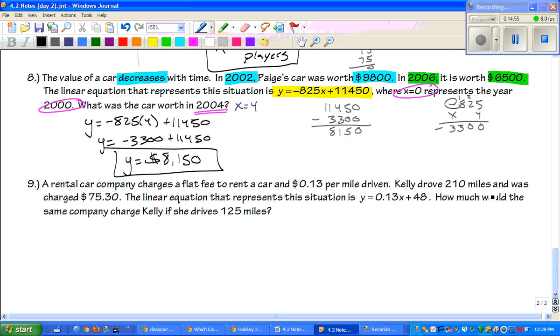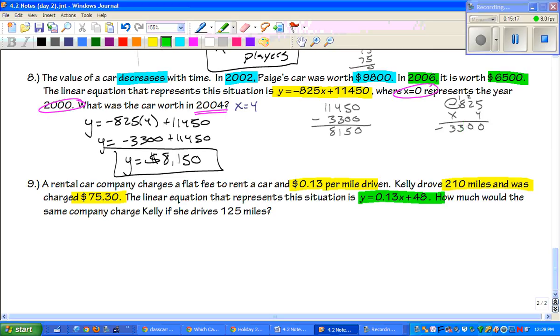Okay, last one. A rental car company charges a flat fee plus 13 cents per mile driven. Kelly drove 210 miles and was charged $75.30. The linear equation that represents the situation is y equals 0.13x plus 48.